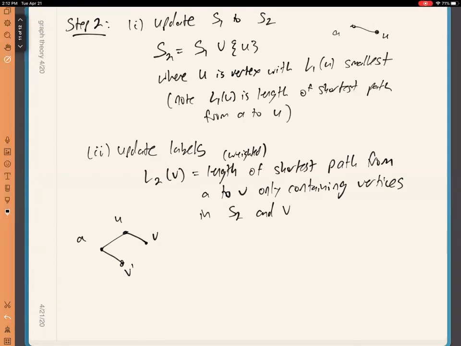I'm only updating the vertices that I can reach on paths that are allowed to contain A and U, which are the two elements of the set S2, and then also that vertex. So these are two examples of vertices for which I could update the labels according to the lengths of these paths. And if there's no such path, we keep the label equal to infinity.